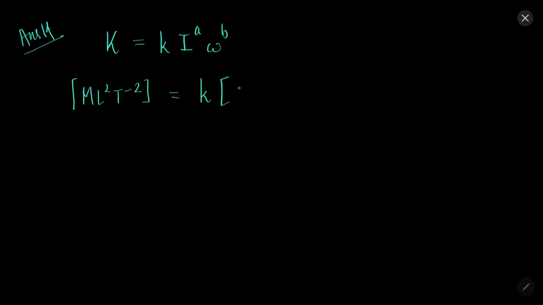The dimension of moment of inertia is M L square, to the power a, and for angular speed it is T to the power minus 1, and the power will be b.